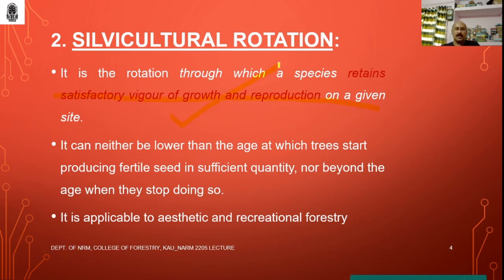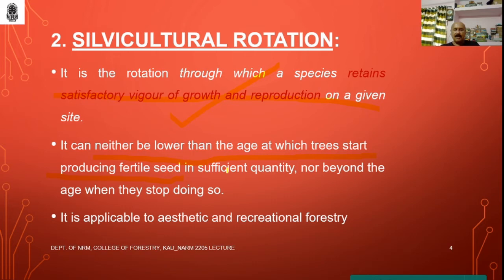That is very important. There is another rider given here: it can be neither lower than the age at which trees start producing fertile seed, which means you cannot cut it before that, nor beyond the age when they stop doing so.